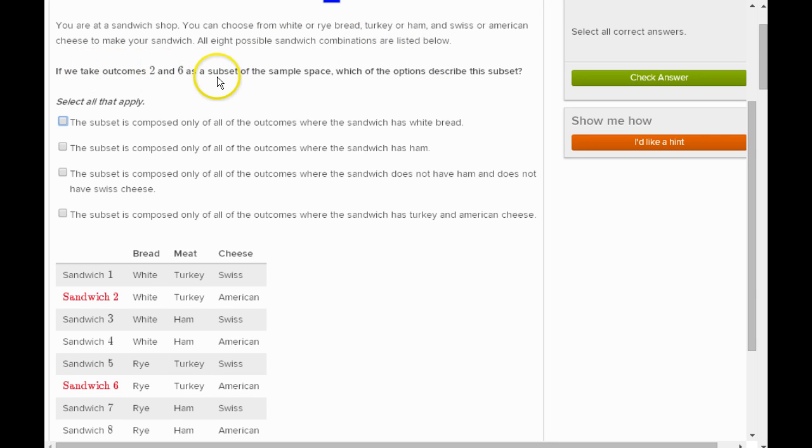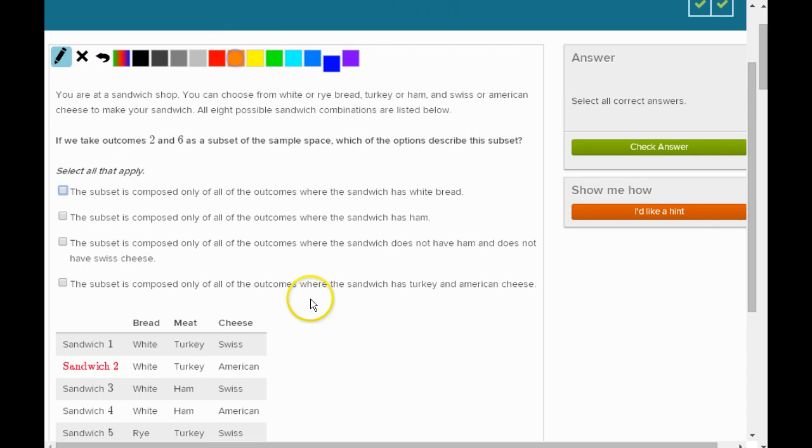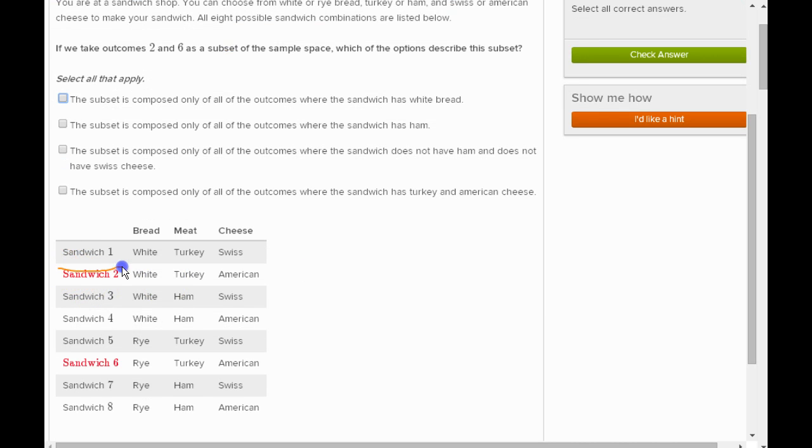If we take outcomes 2 and 6 as a subset of the sample space, which of the options describe this subset? All right, so let's circle 2 and 6, and they're already highlighted in red. So there is 2, and there is 6. So what do they represent? Well, what do they have in common?